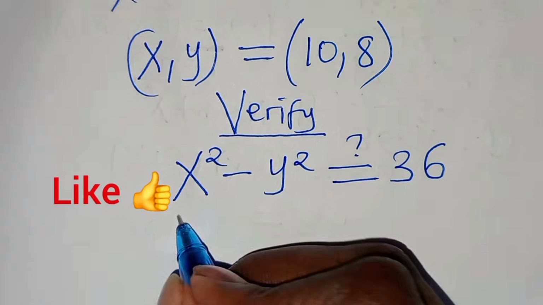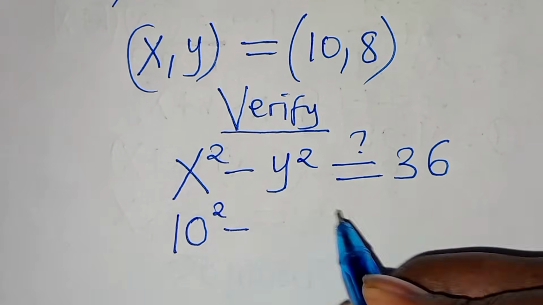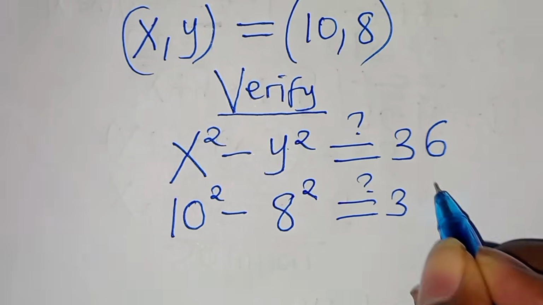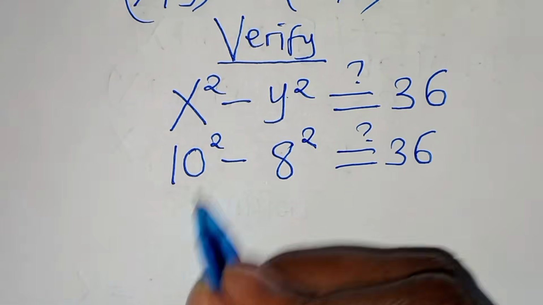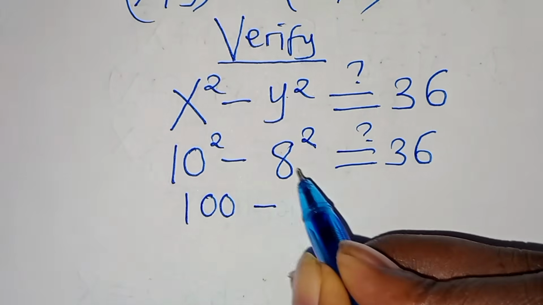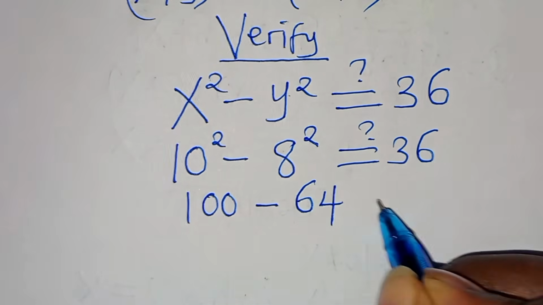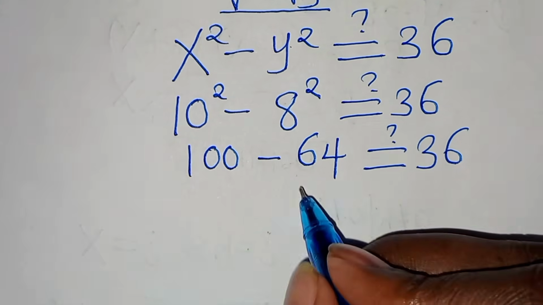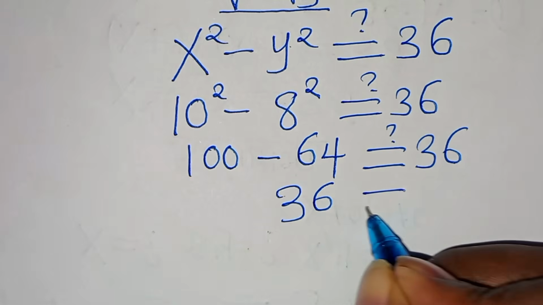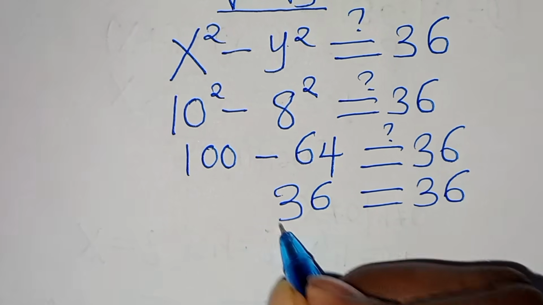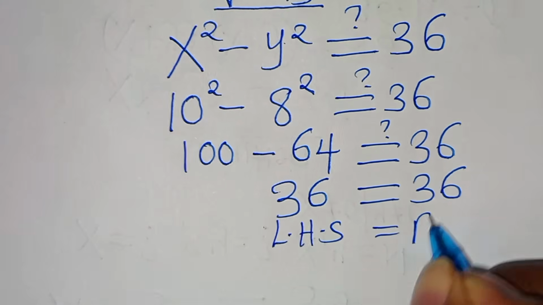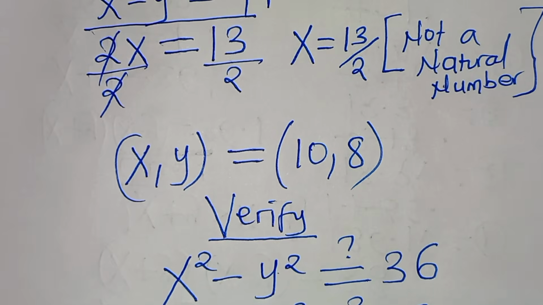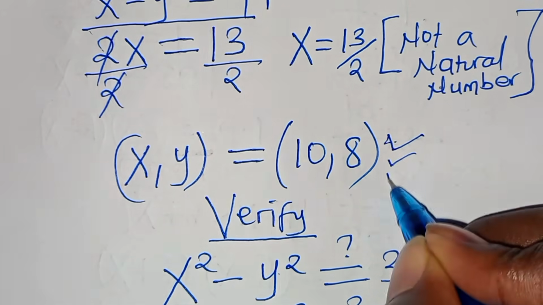Substituting the value of x, which is 10 to the power of 2, subtract y, which is 8 to the power of 2. 10 squared is 100, subtract 8 squared, which is 64. 100 minus 64 is equal to 36. So the left hand side is equal to the right hand side, and this proves that the values x and y, which are 10 and 8, satisfy the equation.